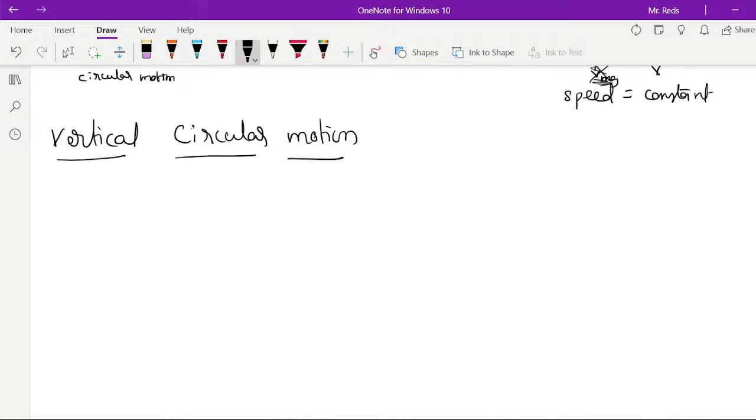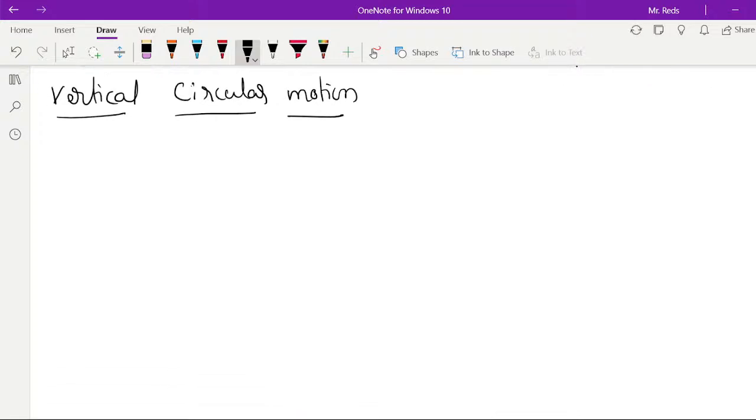In that vertical plane, if a body is moving, let me draw it a little bigger. This is a vertical plane, just like the wall in front of you. Somewhere here, consider a string fixed to a needle, and you have attached a bob of mass m, and the string is free to rotate.